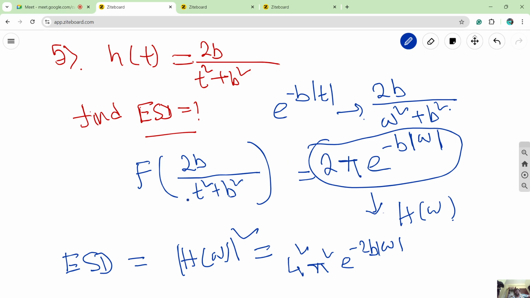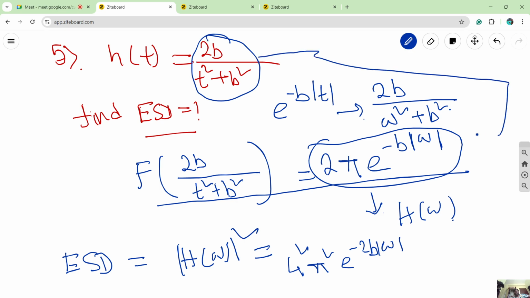So basically you have to use only the duality property here. We have the time domain signal, we went through the frequency domain pattern, and then we calculated the ESD by calculating the mod square value.